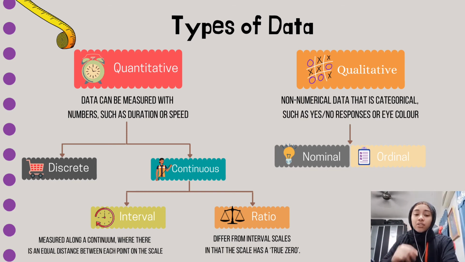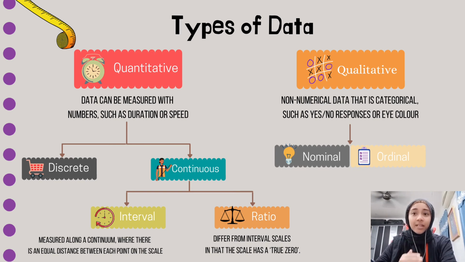So continuous data can be further classified depending on whether it is interval data or ratio data. Interval data can be measured along a continuum where there is an equal distance between each point on the scale. For example, the difference between 30 and 31 degrees is equal to the difference between 99 and 100 degrees.